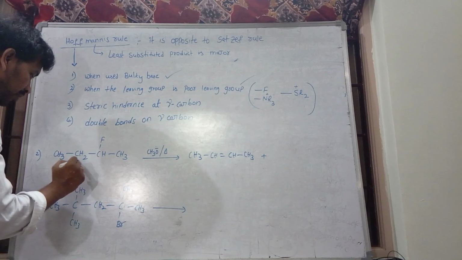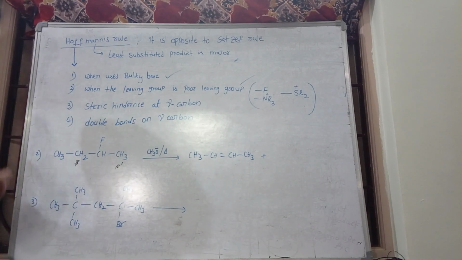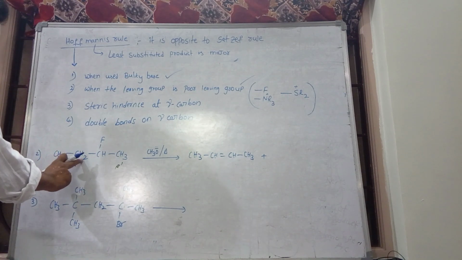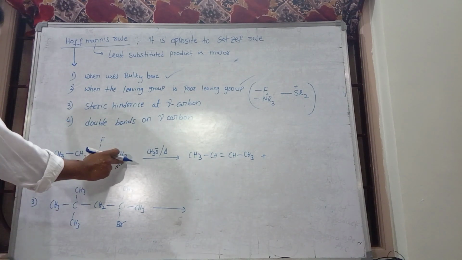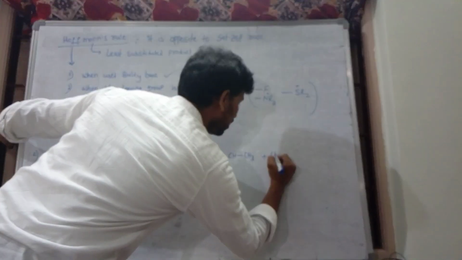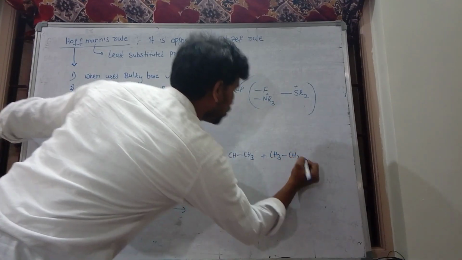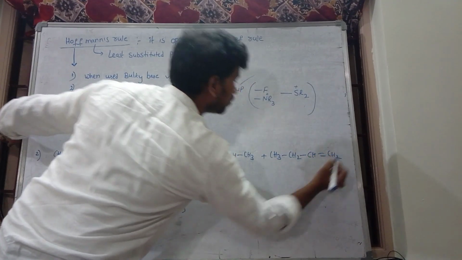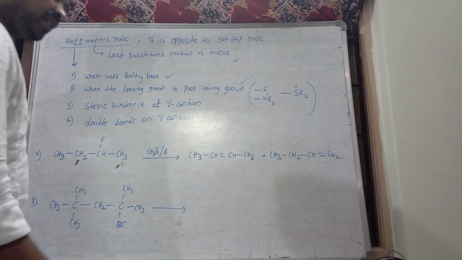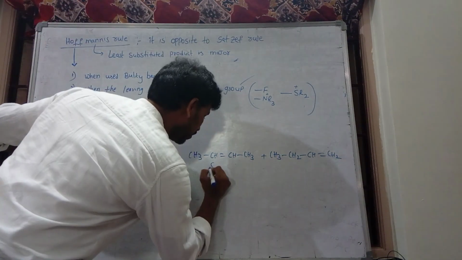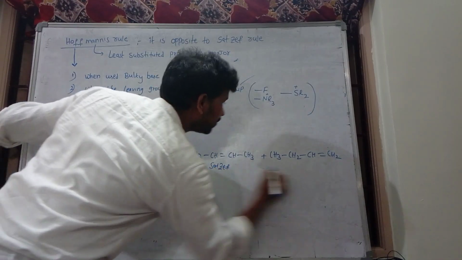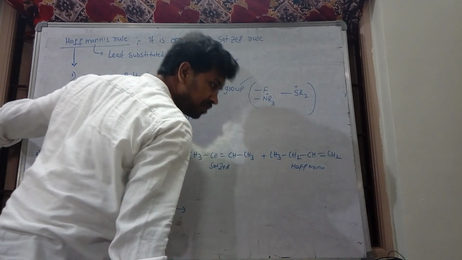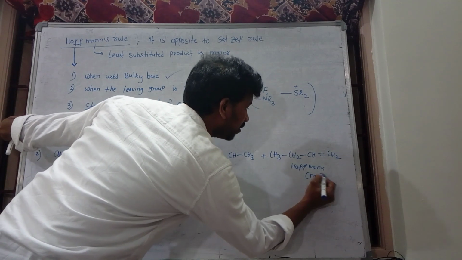See, this is a beta carbon, this is also a beta carbon. If hydrogen eliminates from here, CH3, CH double bond CH, CH3. If hydrogen eliminates from here, CH3, CH2, CH double bond CH2. So which is the Hofmann product here? This is the Saytzeff product, and this is the Hofmann product. So which is major? Hofmann is major.